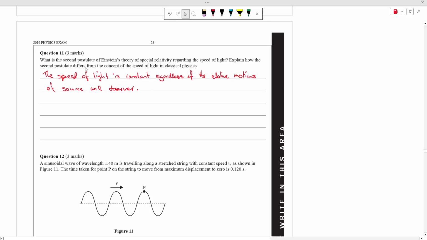How does this differ from the concept of the speed of light in classical physics?